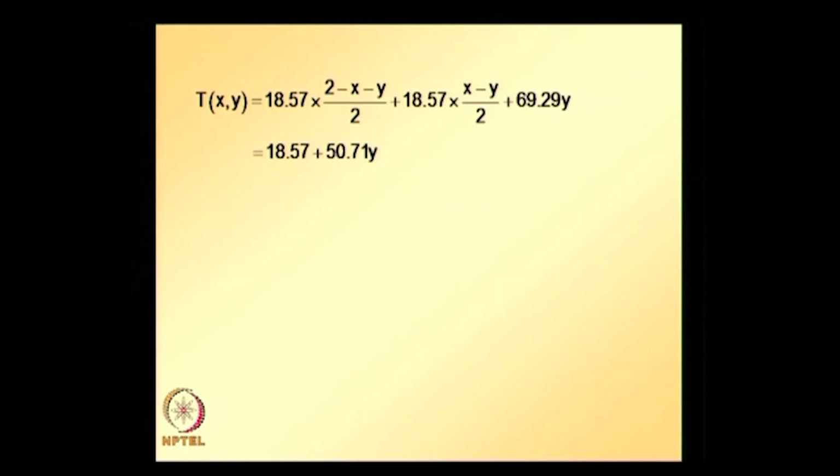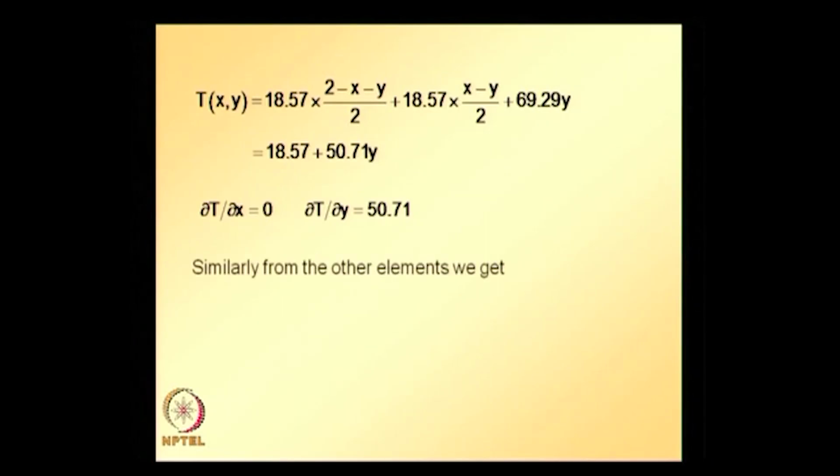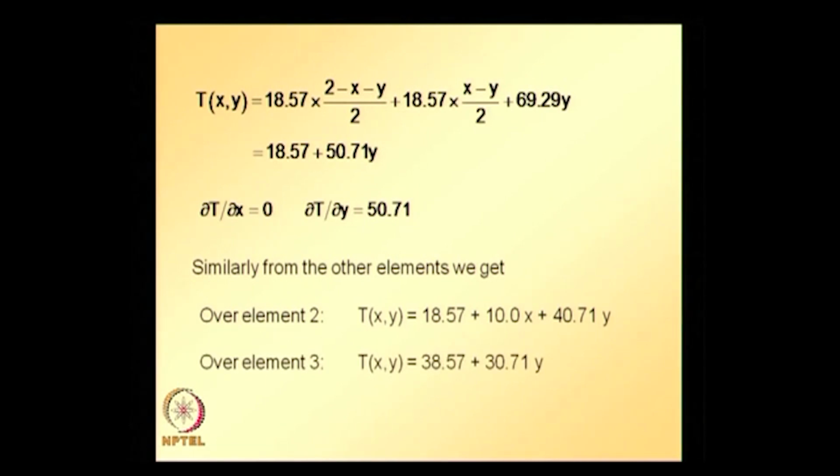And once we have this, we can easily calculate the derivative of T with respect to x, and the derivative of T with respect to y, and this gives us information about the derivative of T over element 1, and a similar operation can be repeated for other elements. Similarly, for other elements we get T is equal to this over element 2, over element 3 T is this, and over element 4 T is this.